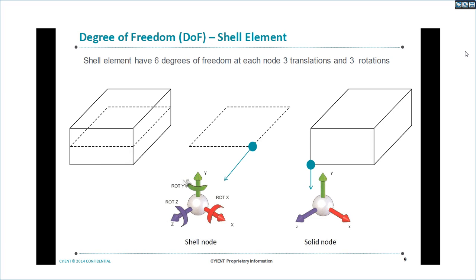So this is for shell elements. If you take a solid element, it will have only 3 degrees of freedom: translation in x, translation in y, and translation in z. So this is the basic difference between shell element and solid element.